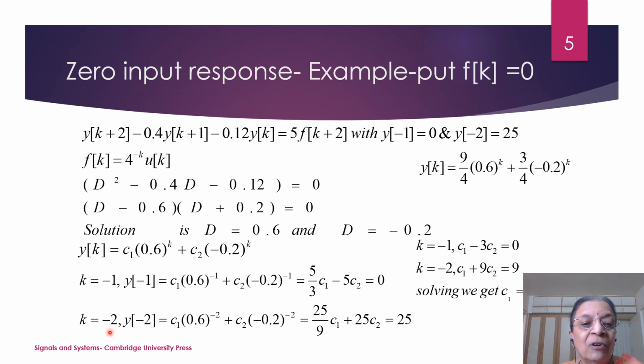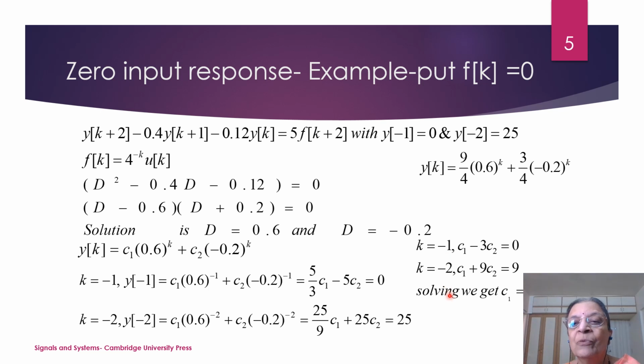Then I put k equal to minus 2, so y of minus 2 will be equal to c1 into 0.6 raised to minus 2 plus c2 into minus 0.2 raised to minus 2. Solving this, it will be the square of 5 by 3, so 25 by 9 c1 plus the square of 5, so 25 c2, is equal to 25. Now I solve these two equations.